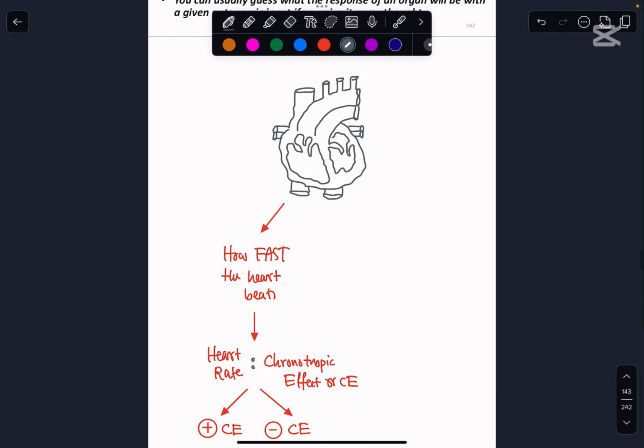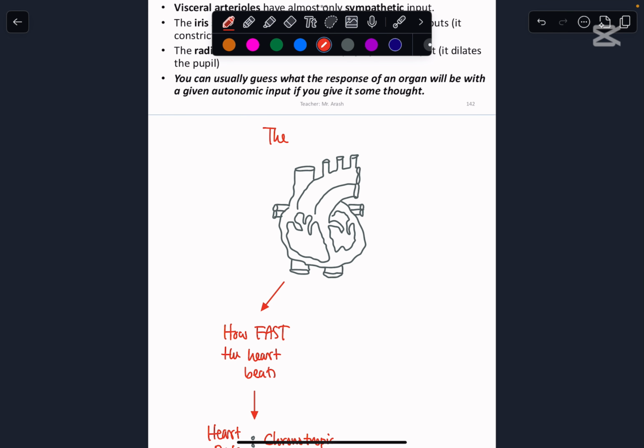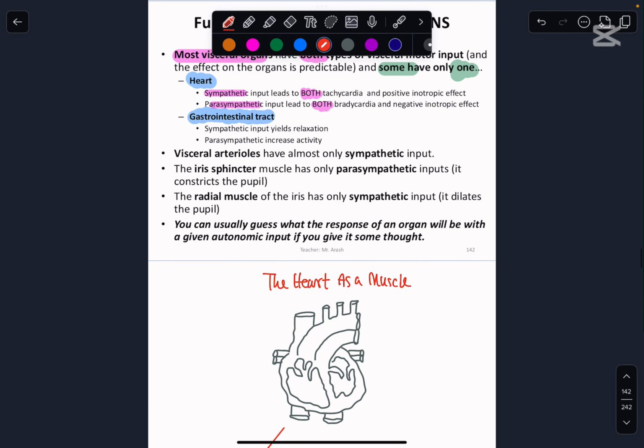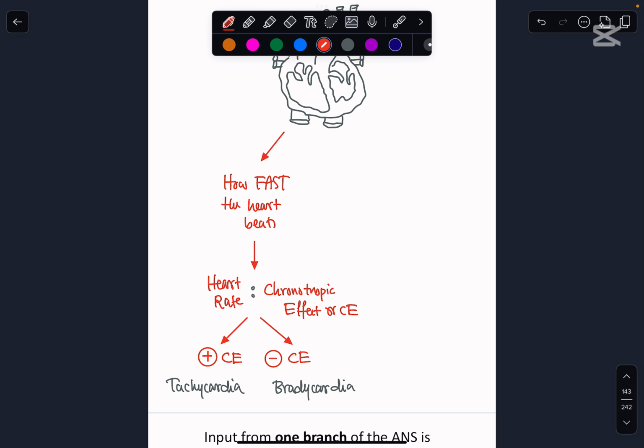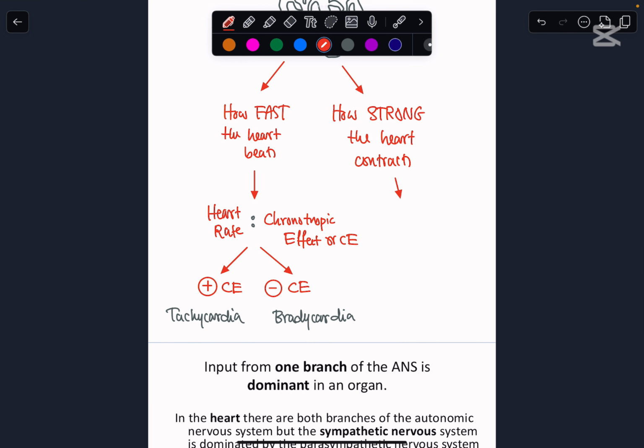When we look at the heart as a muscle, in terms of how forceful it can beat, it can also change how strongly the heart beats or contracts. That's what we call inotropic effect.